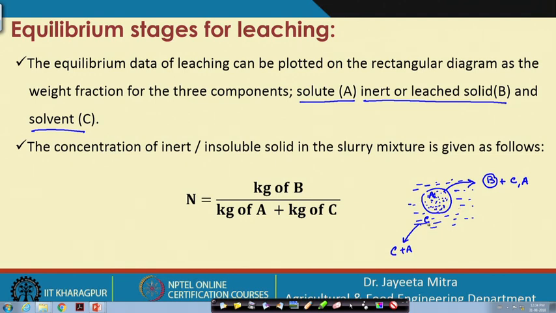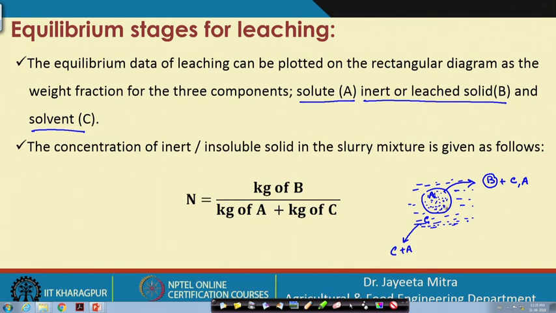Suppose initially the concentration of A in the solvent was 0, and in the solid the concentration was 50%. If at the end of the process 45% of that A has been extracted, that 45% has come to the solvent now. So, when we take out the solvent, we are now getting 45% of that A.